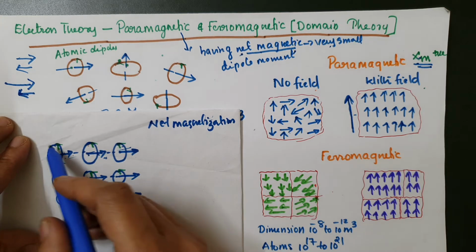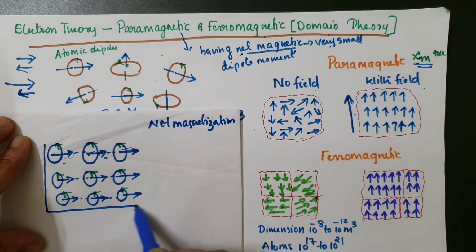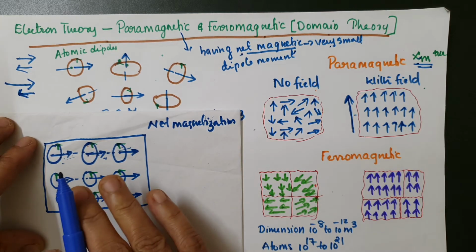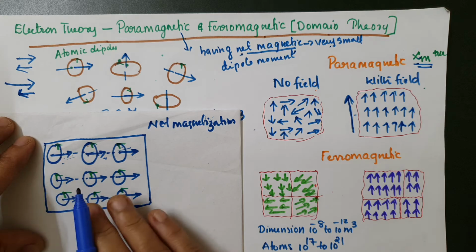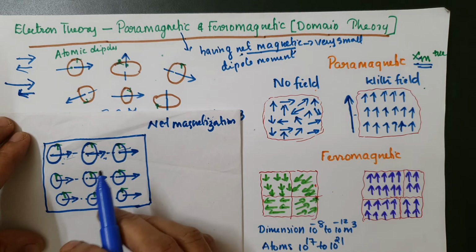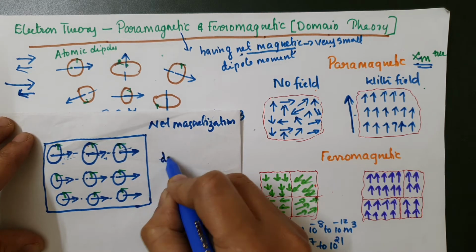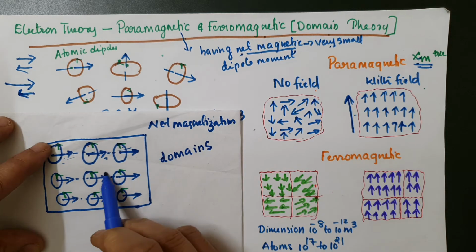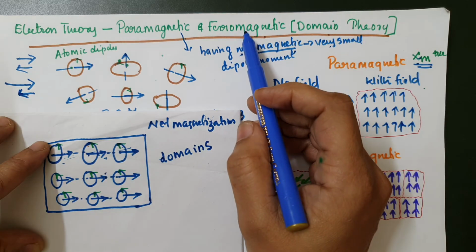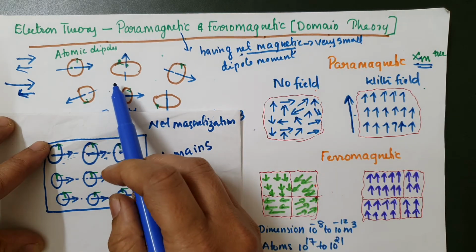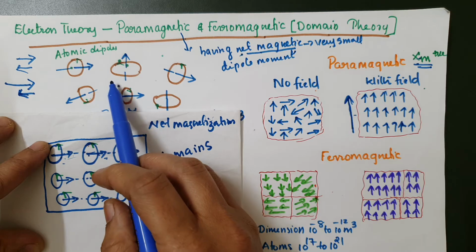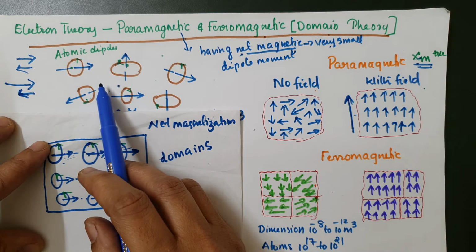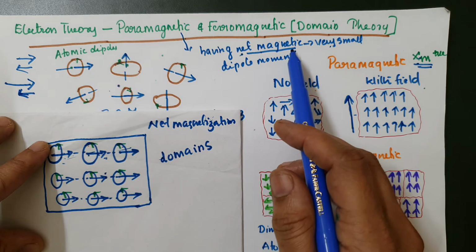And in these materials, these atomic dipoles which are oriented parallelly in a particular space form a group, and this group is called a domain. And it takes place in the case of ferromagnetic material, because when we consider the extreme case of paramagnetism, the net magnetic dipole moment is very small.